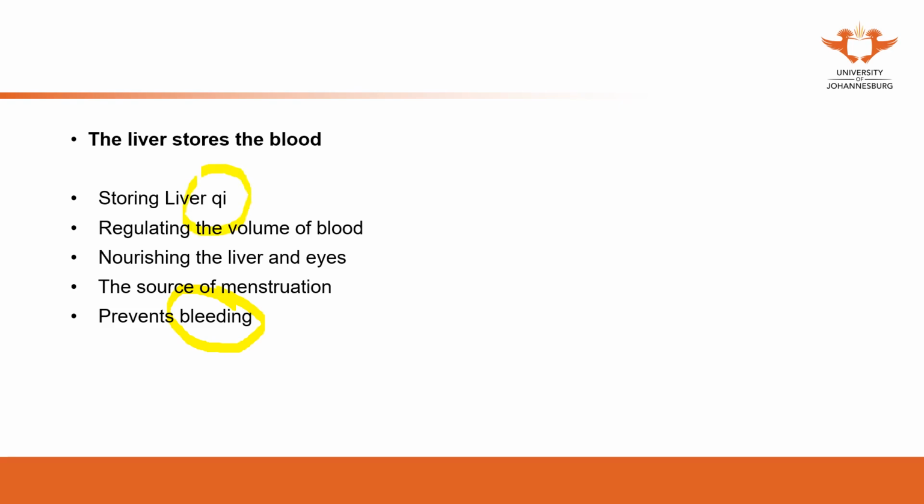So when you see something, like blood, something you can see, you also need to think about something yang, because yin and yang always stay together. Something you see, like the blood, you need to think about the liver qi, which is something you don't see. Bleeding is the result of the liver qi.